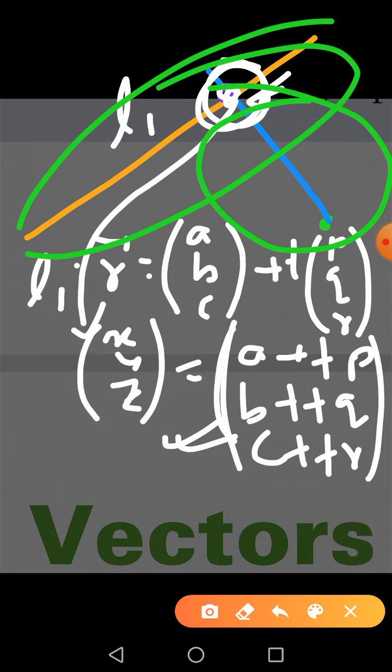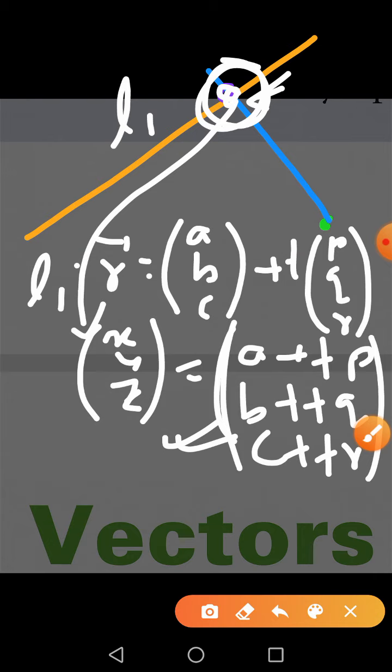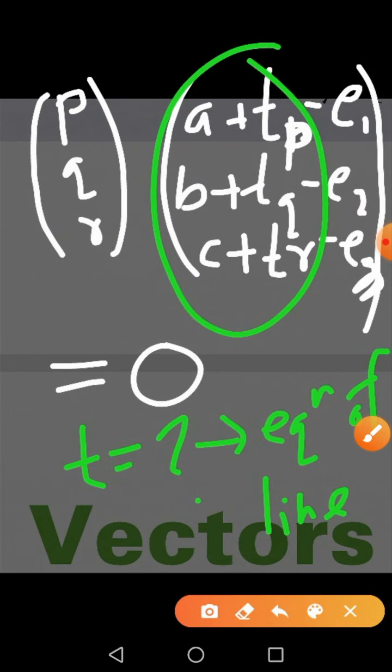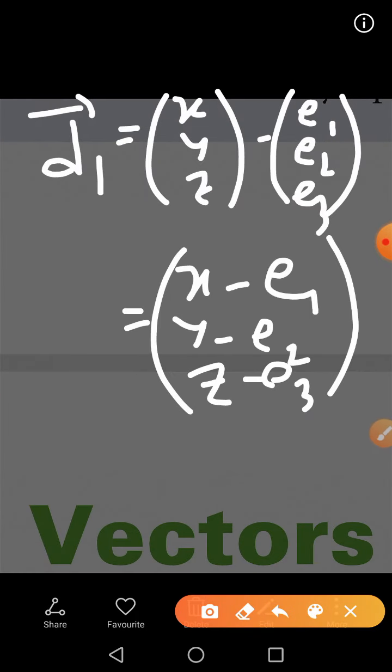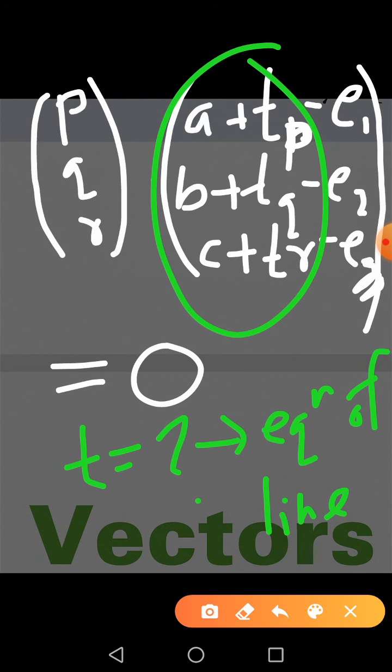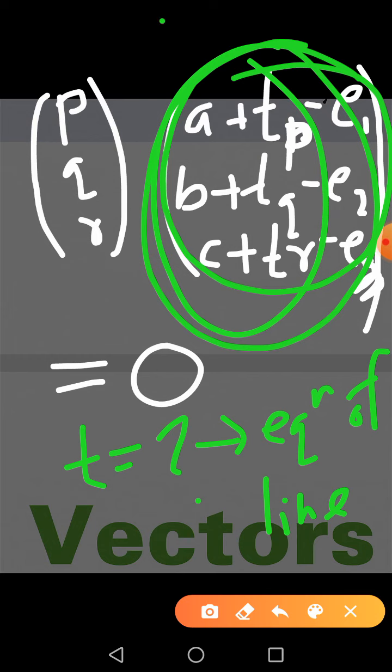You can also find the distance from here. After you find this quantity, this quantity is the D1, isn't it, that we were talking about.